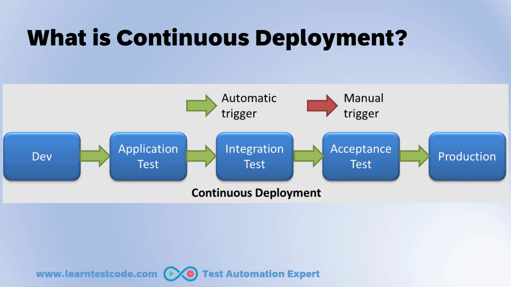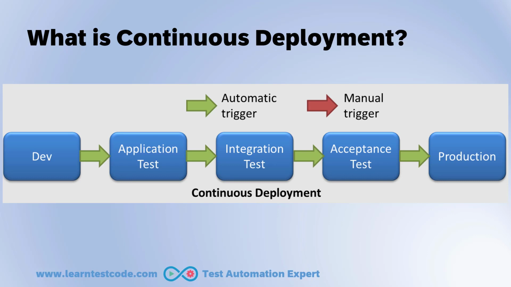We have automated tests which will run all our user acceptance tests, and based on the results of this automatic test, we are deploying to the production. And continuous deployment is used by more mature teams who have very mature automated tests, and they trust those automated tests.